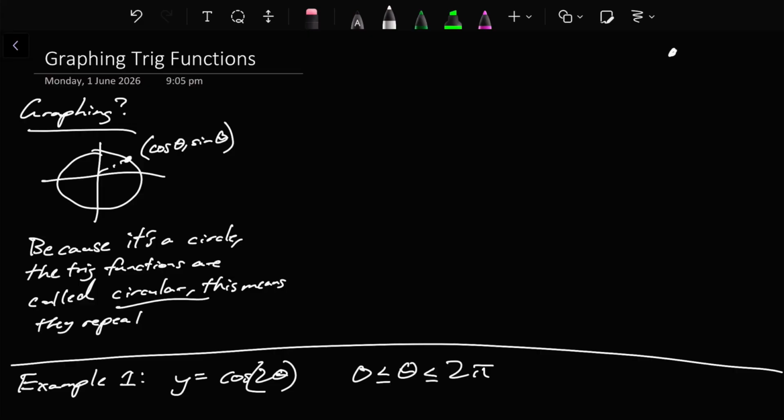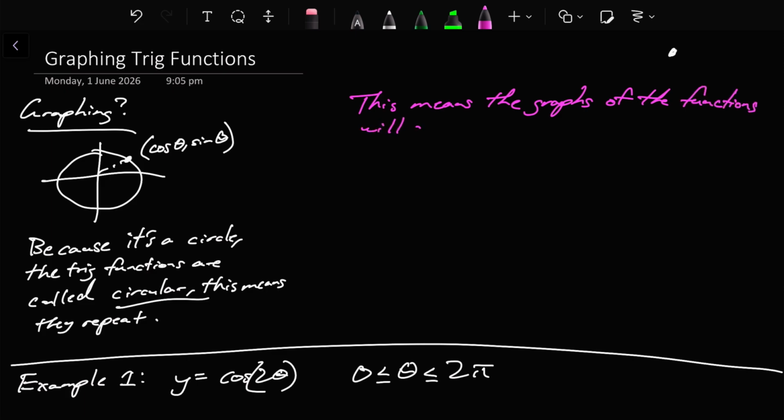And because they repeat, this means the graphs of the functions will also repeat, right? Because as we take intervals of 2 pi around the unit circle, cos and sine and tangent will all repeat each other. So it will also repeat.